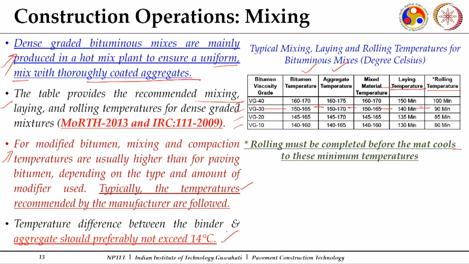It is also stated that the temperature difference between the binder and aggregate should typically not be more than 14 degrees centigrade, because in the hot mix plant, as soon as the binder comes in contact with the aggregates, a very thin film of binder is formed over the aggregates and it attains the same temperature as the aggregates.